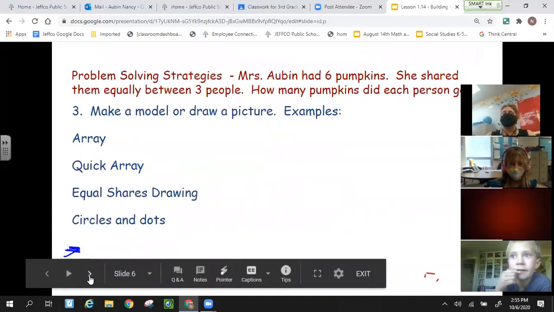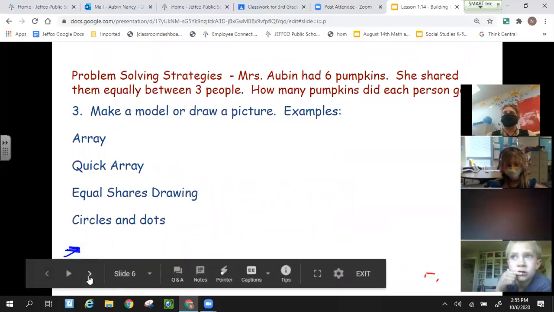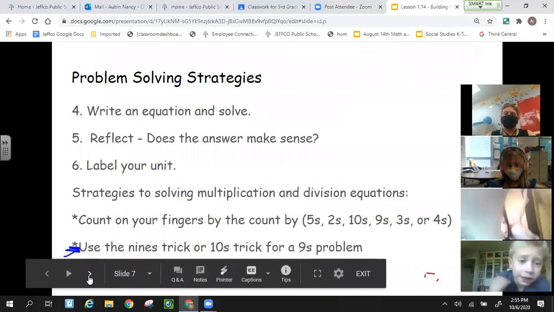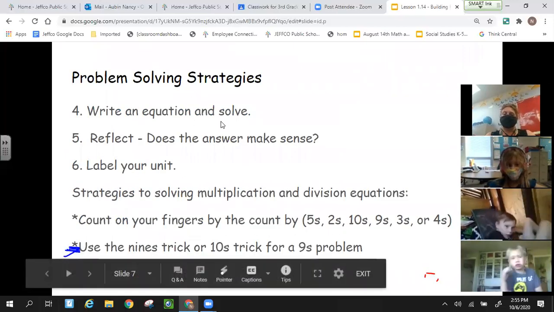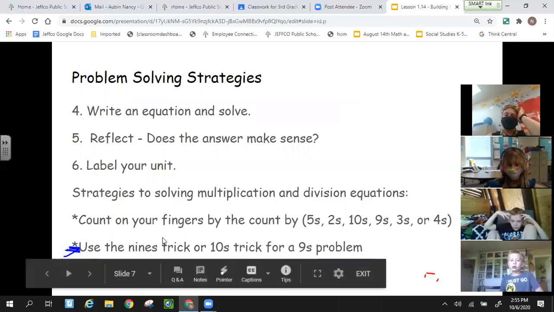You can use arrays, quick arrays, equal shares drawings, circles or dots to figure out what the answer is. Write your equations, solve it with all those little tricks we just talked about. Be sure to reflect. Does your answer make sense? And label your unit. You got to use those fingers. Don't be ashamed.